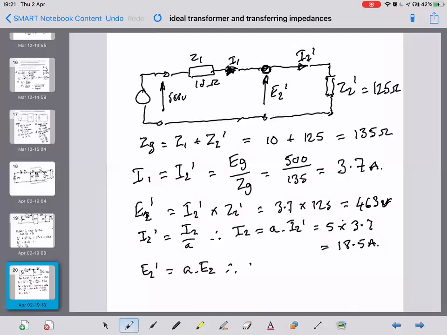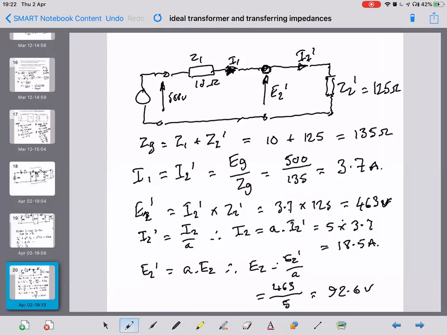Therefore, E2 must equal E2 dash over A, which is 463 over 5. That equals 92.6 volts. Yeah, I was looking at the wrong part of the screen.